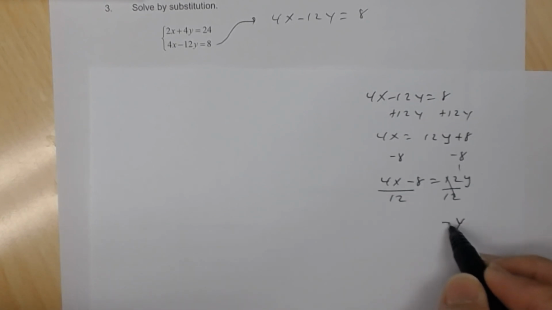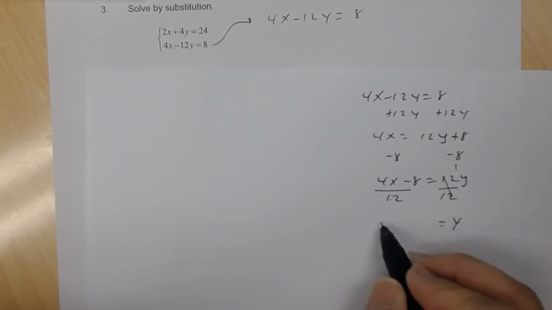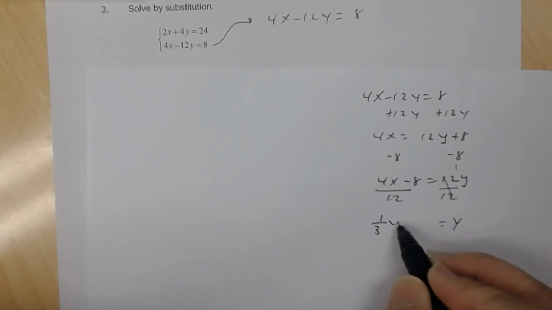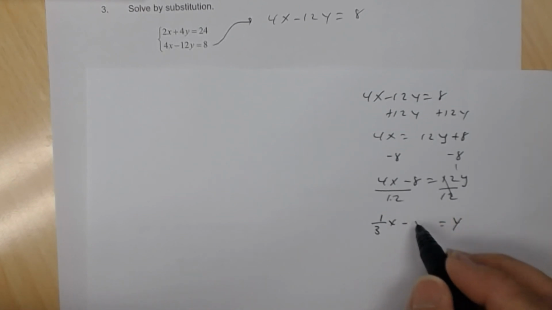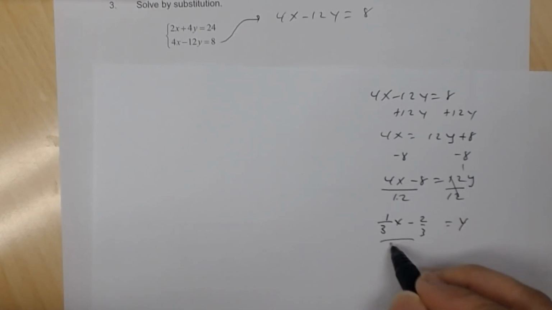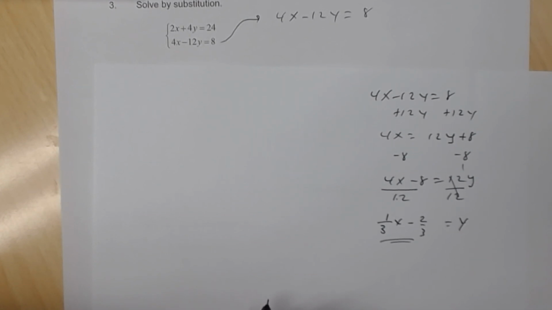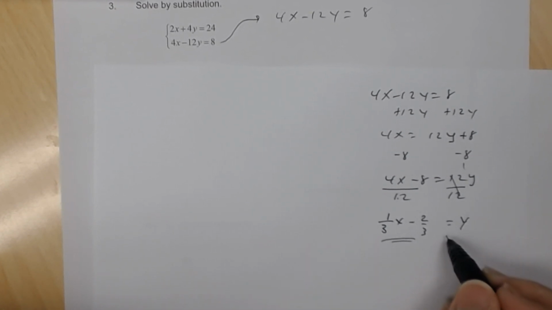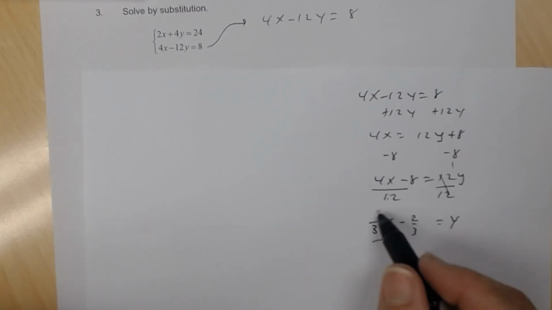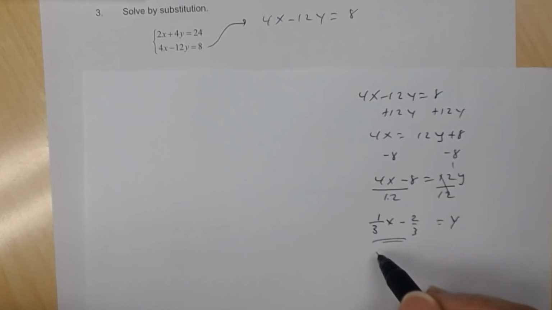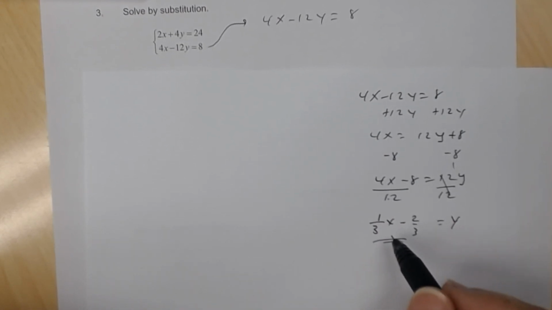So y would equal 4/12, which is 1/3, and then minus 8/12, which is 2/3. So you see you have fractions here. You can use it, but you have to be very careful when you substitute this expression that has fractions. Most students don't like to deal with fractions if they don't have to.